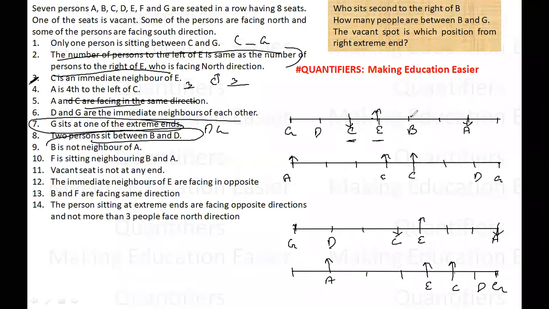Or I can also take this as a vacant place, and I can make B sit here. But I have been given that B is not a neighbor of A, therefore B cannot come here for sure. So this is what I can make out of this right now. If I talk about this scenario that 2 people sit between B and D, then these are the 2 people. I will have to take this spot as vacant. So 1, 2, B will sit here.